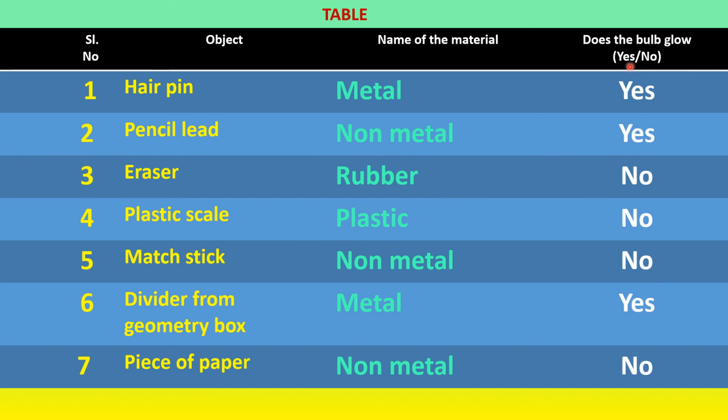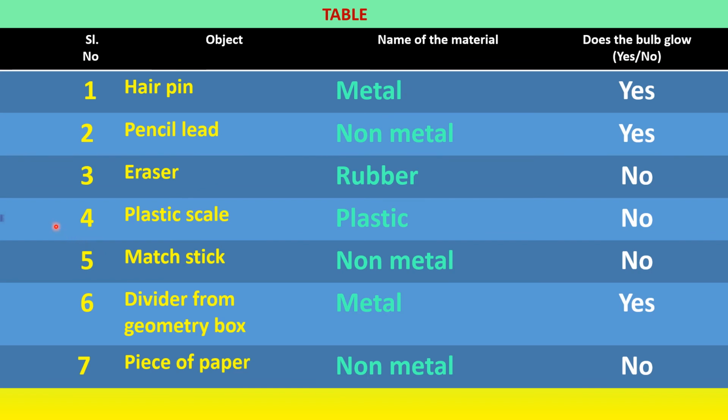When a hairpin was connected, the bulb was glowing. When pencil lead is connected, the bulb glows. When an eraser is connected, the bulb doesn't glow. Eraser means rubber. Pencil lead is a non-metal. Hairpin is a metal. This is the name of the material, and here is the object.